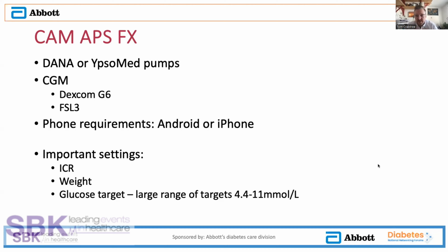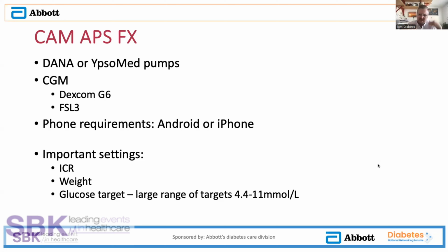If someone hands me one in clinic, I get a cold sweat if I'm trying to change the settings on an Android phone. But it's nice to know that people have got the option to use it, probably with their pre-existing smartphone. The important settings for CAM APS are primarily the glucose target, with a real broad range of targets.